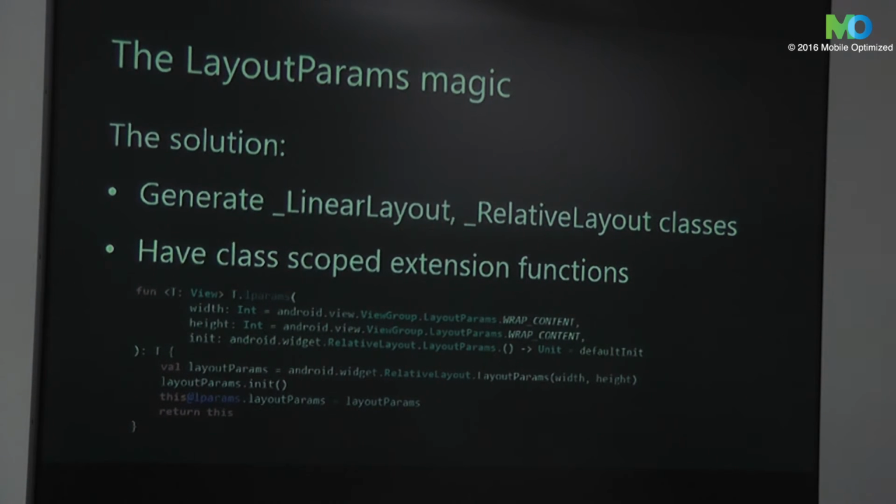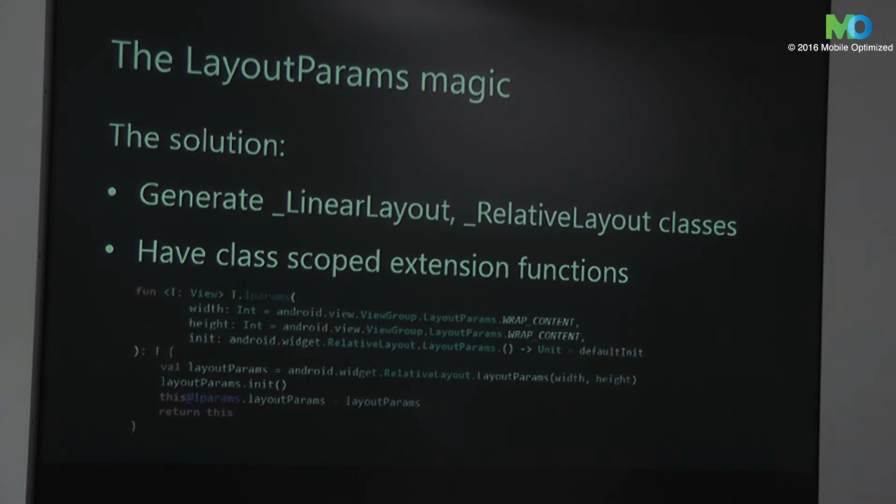And the idea behind it is that actually in Kotlin you can have class scoped extension functions. So while in C# the extension methods are global and you can use them everywhere, here in Kotlin you can scope them. So this params extension method is defined in the underscore relative layout class, and you can use it just when you are inside the relative layout.